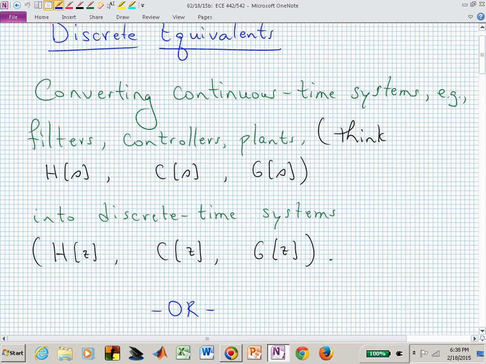It might be a circuit. It might be a mechanical system. It might be an electromechanical system. That's our plant. That's G of S, and we're supposedly familiar with the G of S. We want to now take that into a discrete time system, or a discrete time filter, or a discrete time controller, which we will then call H of Z, C of Z, and G of Z.